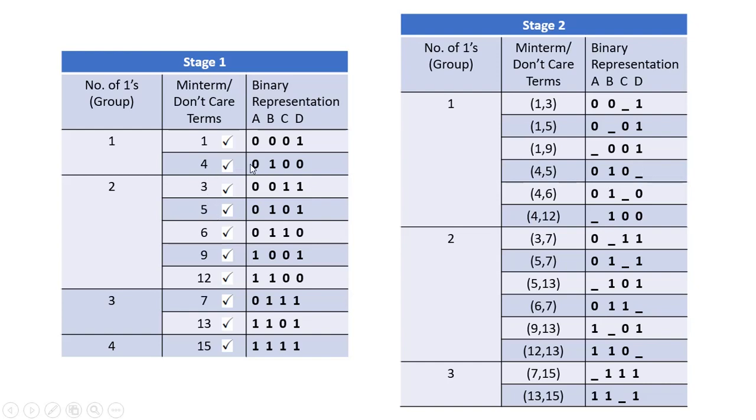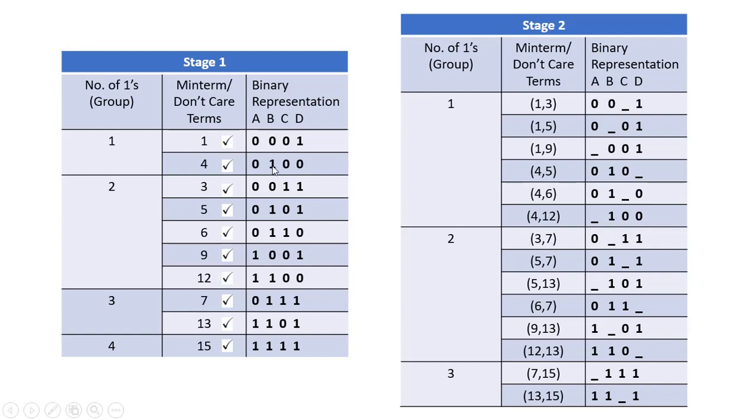Then 4 and 6, here there is a 1 bit difference at this position, so we have removed this C variable. Then 4 with 12, there is a 1 bit difference here, so we have replaced it with a dash, dash 1 0 0. Similarly, you can pair 3 with 7.